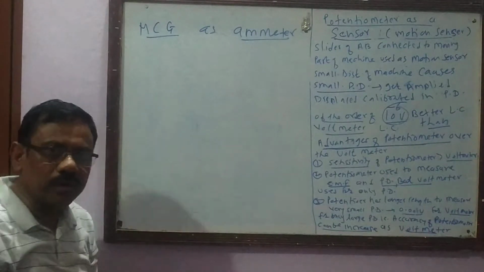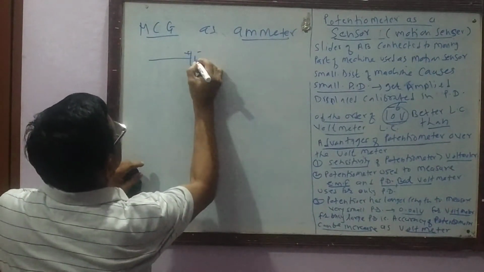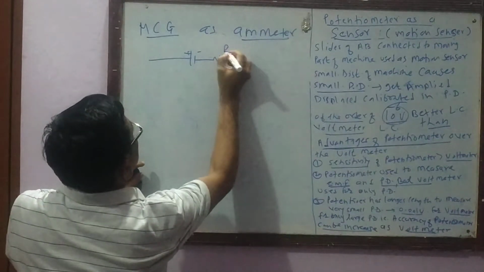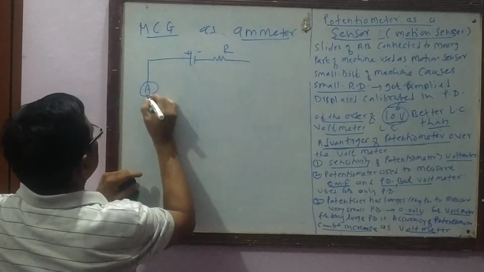We know that, suppose that is the circuit, resistor R, and this is the ammeter.